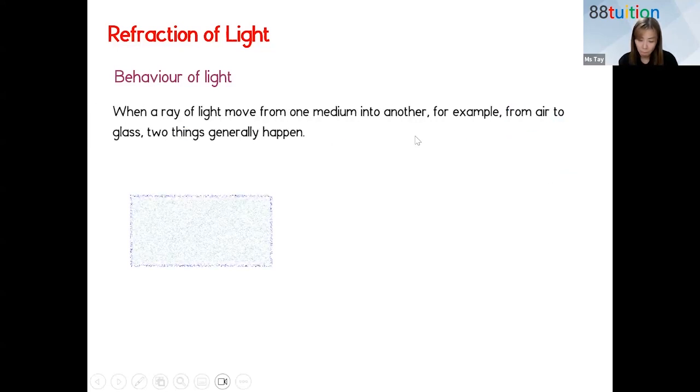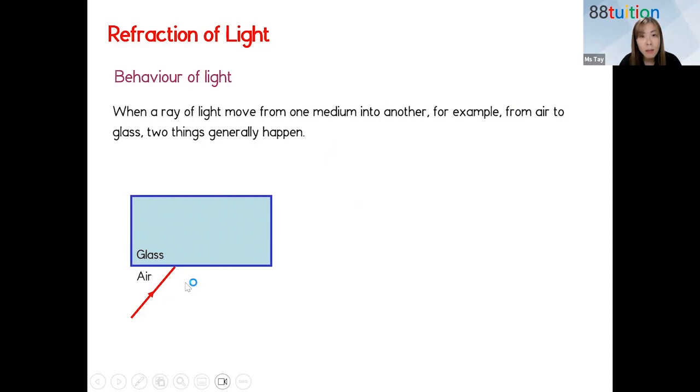Right. When light travels from air into glass, two things generally happen, okay? So when this light ray moves from air and enters the glass, and hits the glass, two things can happen. Okay, number one is it gets reflected. Remember I talked about light entering the medium, entering the surface.